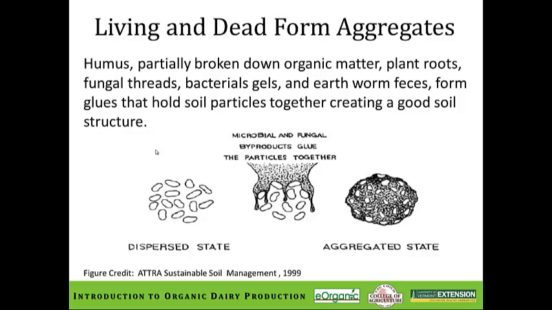So we have soil organic matter, plant roots, fungal threads, bacterial gels, earthworm feces, etc., some of those forming glues, all binding together to hold these soil particles together, creating a soil aggregate, and those aggregates laying unevenly on top of each other, creating a good soil structure.